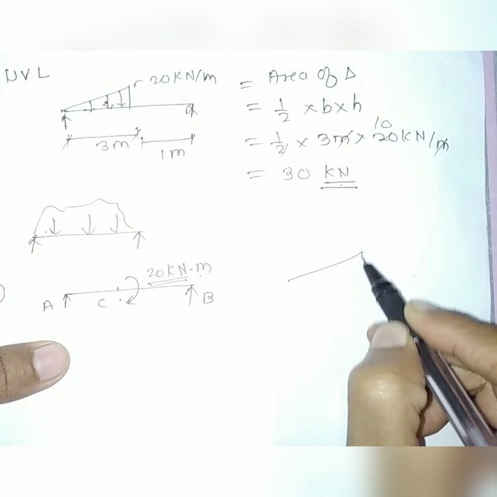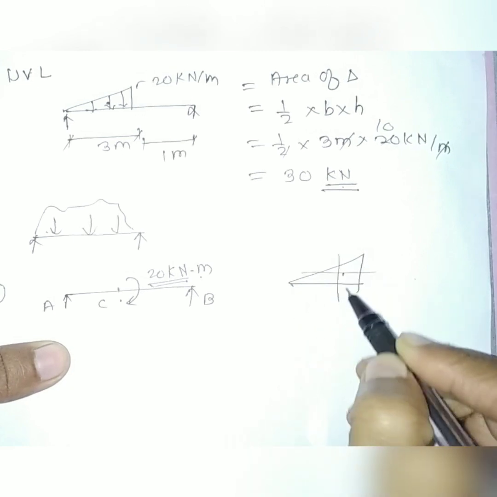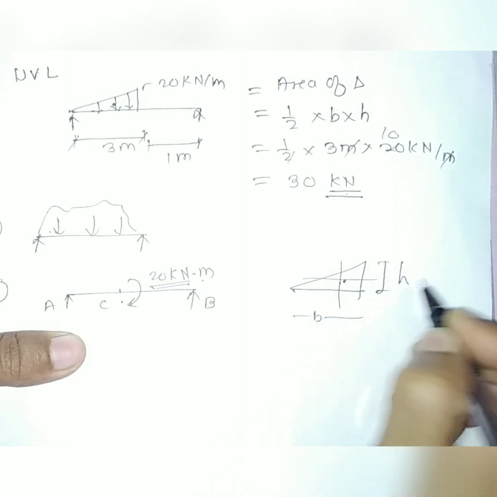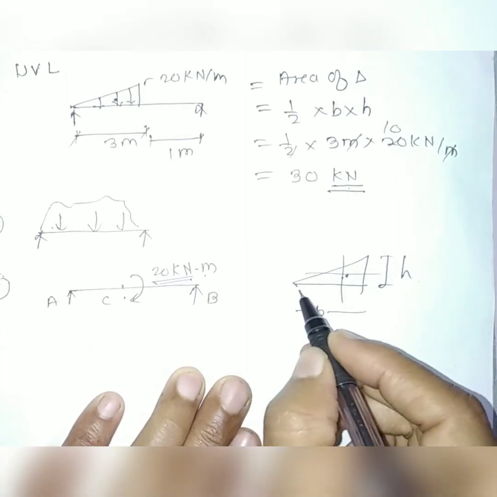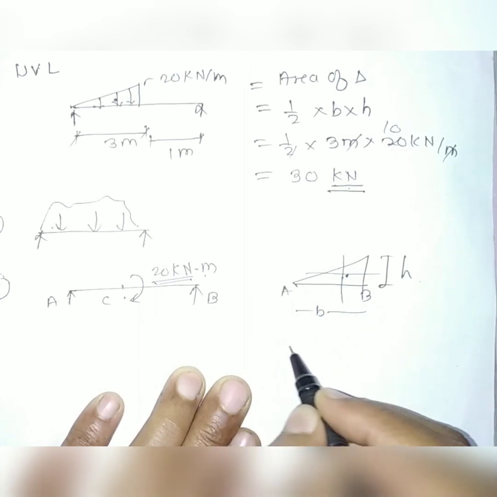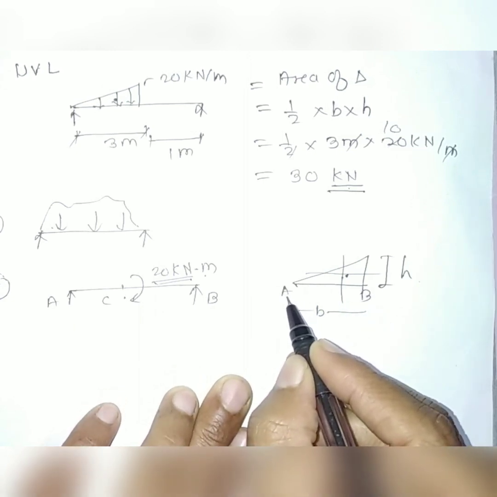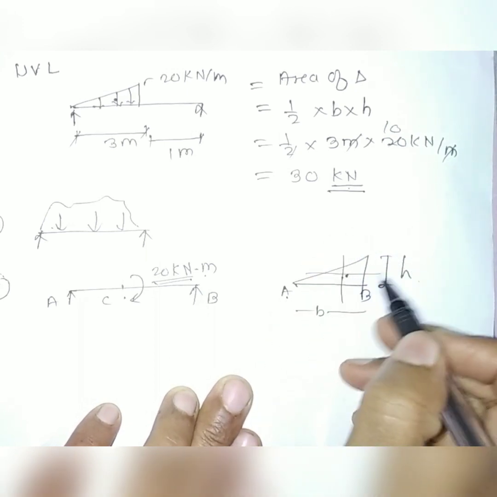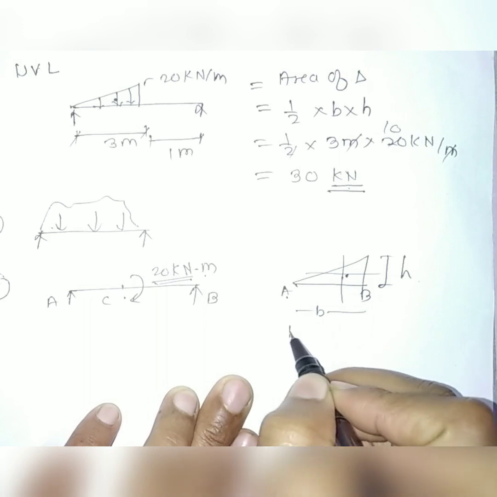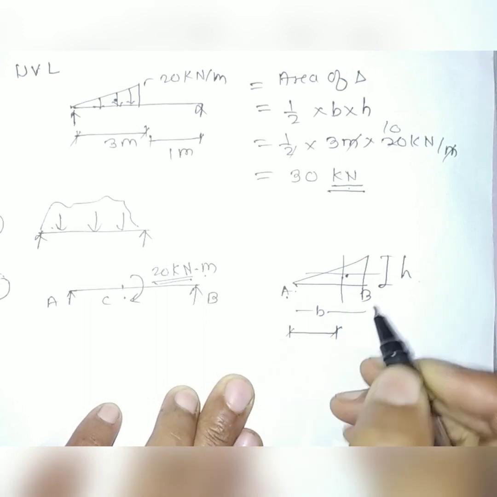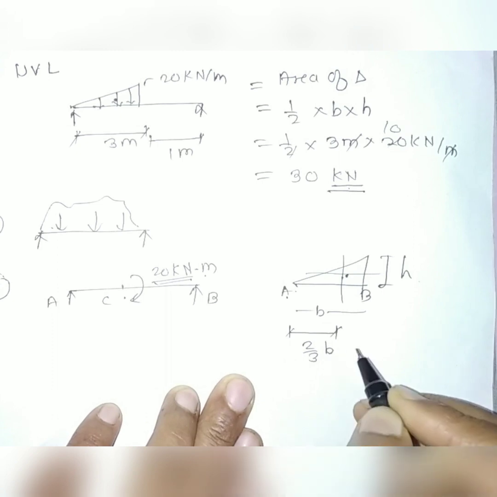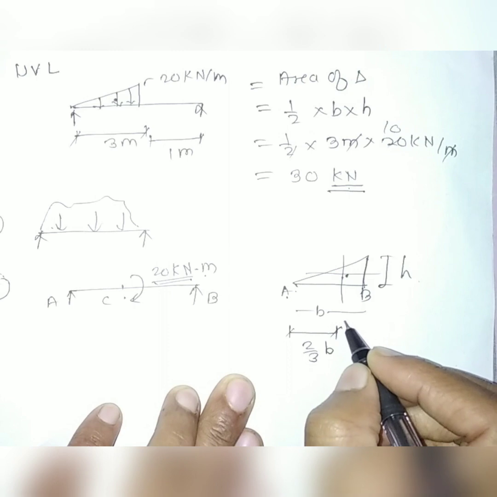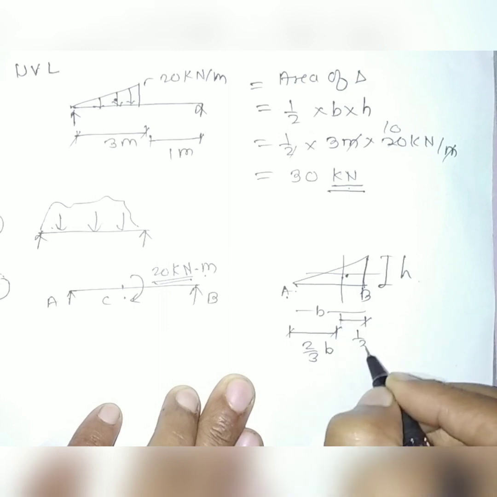So suppose this is a triangle, then its CG will be like here, since the base is B and height is H. So suppose we want moment at point A, then while calculating the moment at point A, the CG or the load of this particular UVL is acting at 2/3 of base from the apex of this triangle. And suppose I want from this particular vertical face at B, then it acts at 1/3 of base.